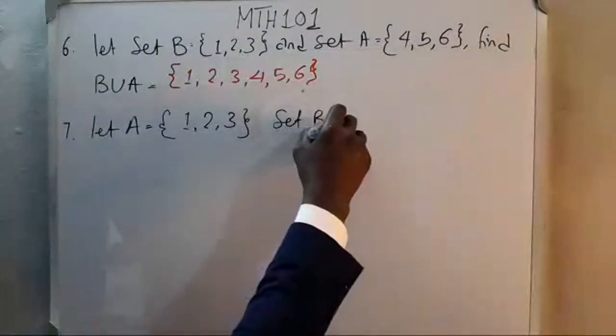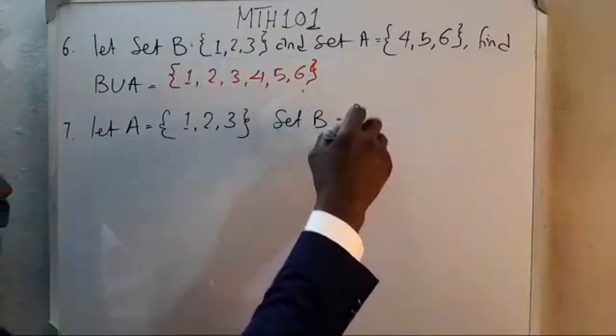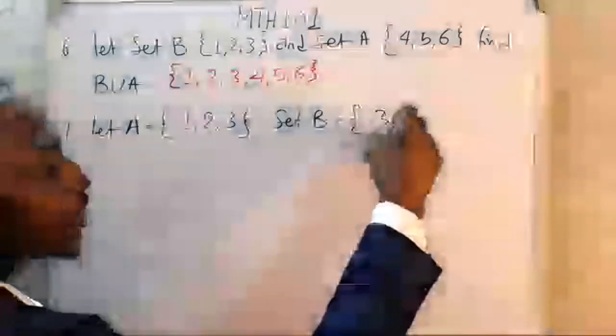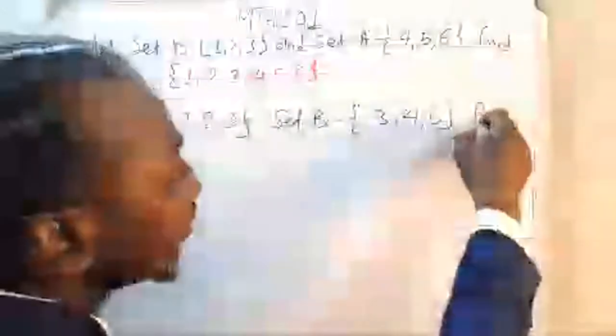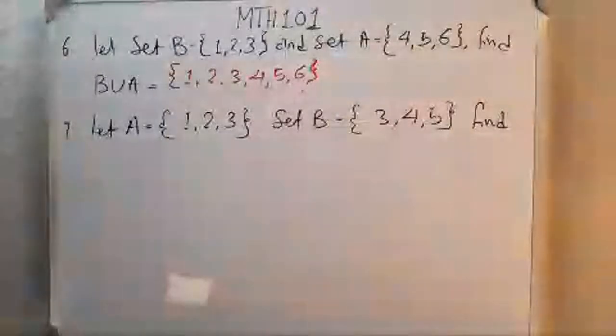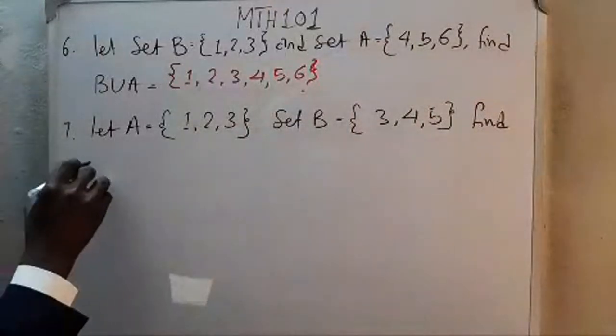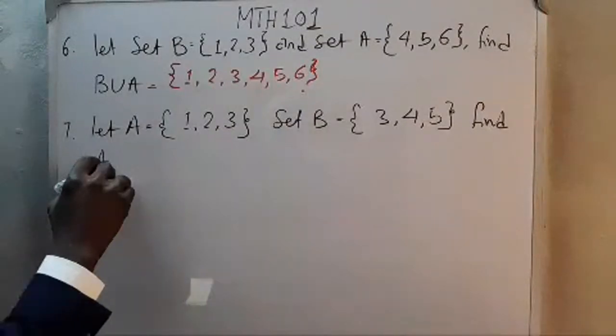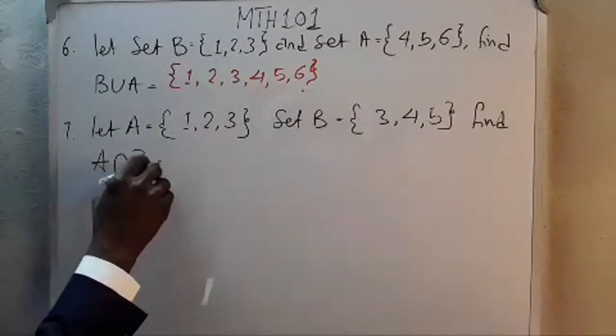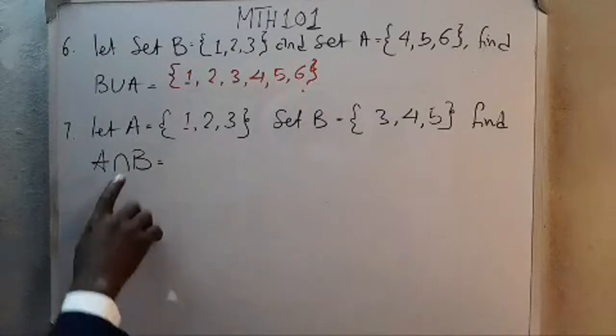Set B equals 3, 4, 5, 9. A intersection B. I think I should switch this.